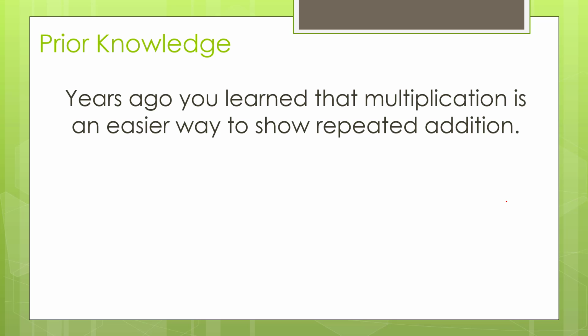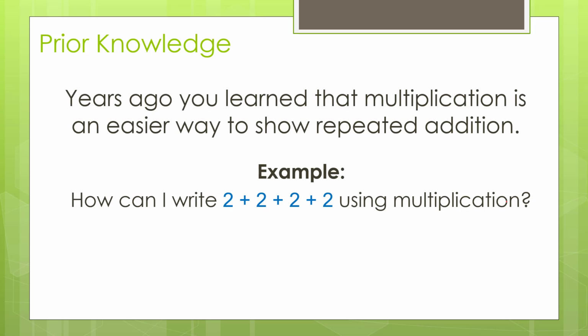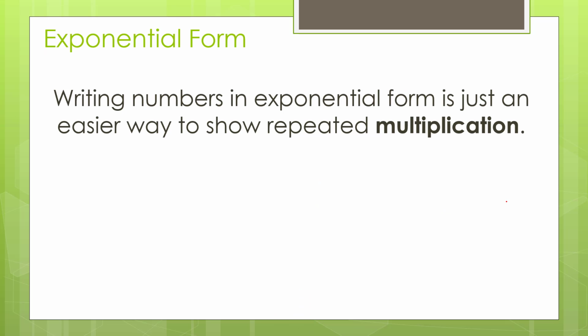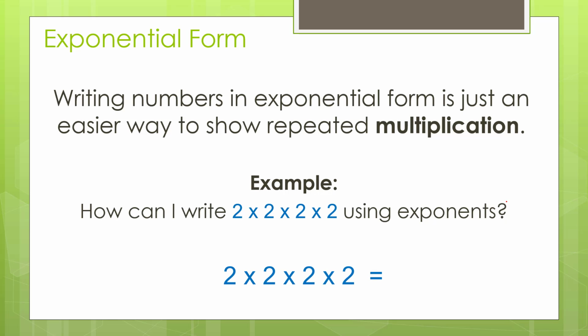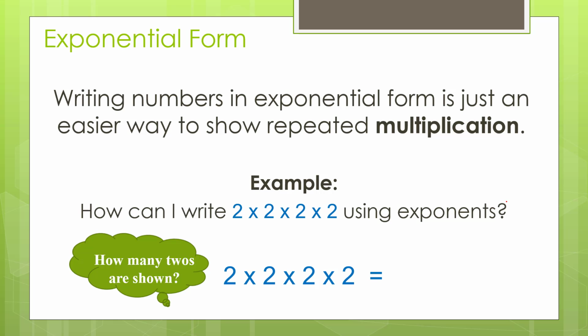So years ago, we learned that multiplication is an easier way to show repeated addition. For example, 2 plus 2 plus 2 plus 2. Well, we can use multiplication. We can just say 2 times 4. Writing numbers in exponential form is just an easier way to show repeated multiplication. For example, 2 times 2 times 2 times 2 is equal to, well, how many 2's are shown?